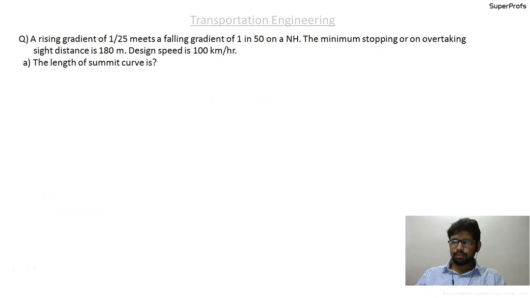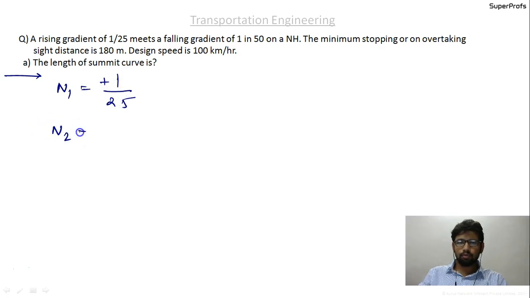So we will take up the next question. A rising gradient of 1 by 25 meets a falling gradient of 1 in 50. So here n1 equals plus 1 by 25, and n2 is a falling gradient, so minus 1 in 50. On a national highway, the minimum stopping or overtaking sight distance is 180 meters, so S equals 180 meters.